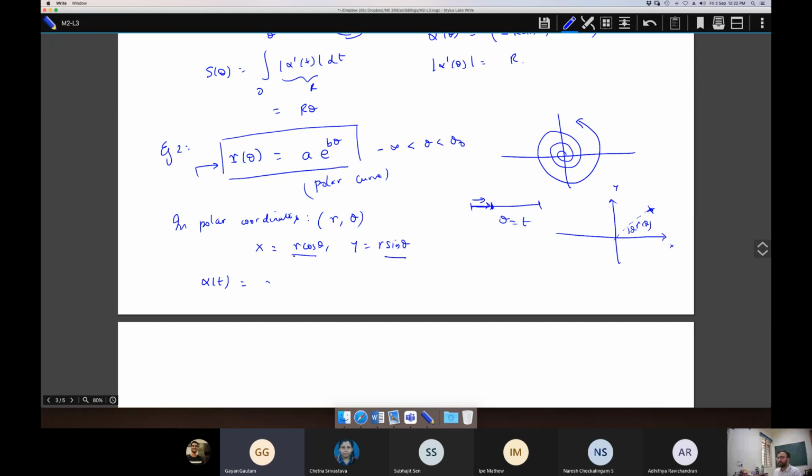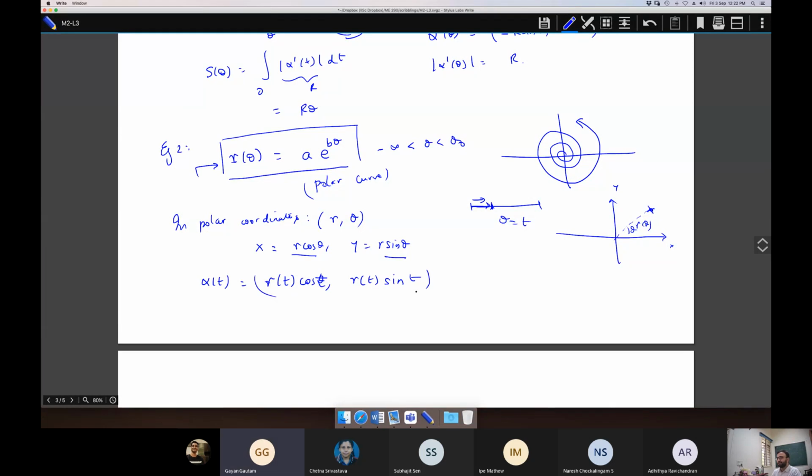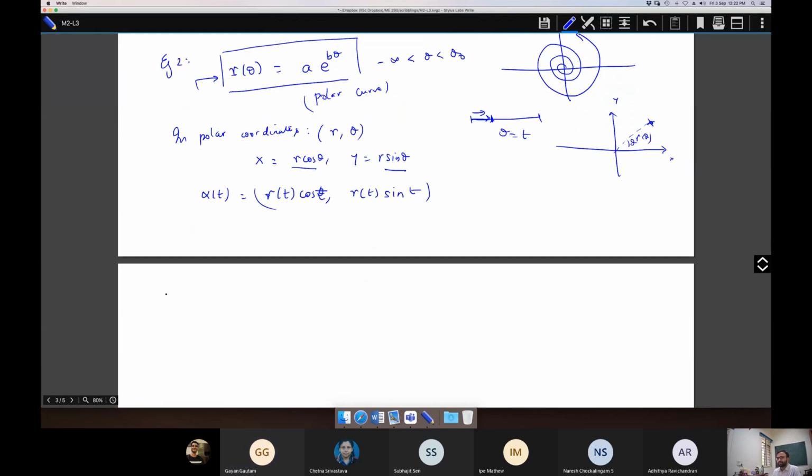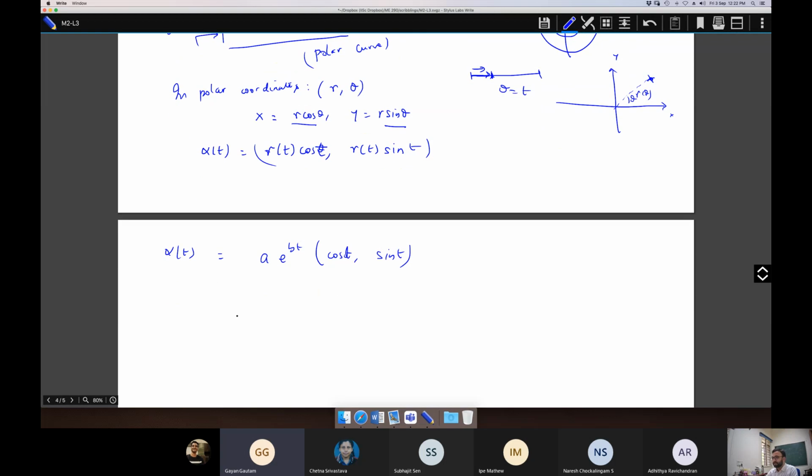The x coordinate would be r of t cos t, and y will be r of t sin t, right? If you write it out with the expression given here, you get alpha of t is a e power bt cos t, a e power bt sin t.